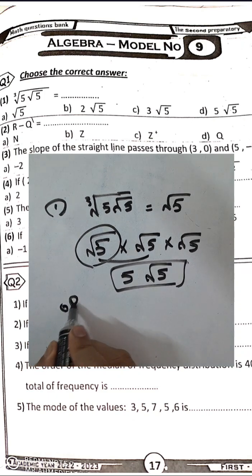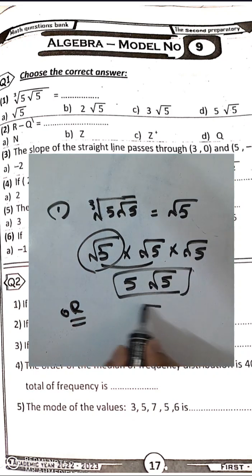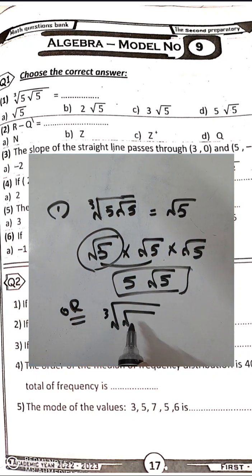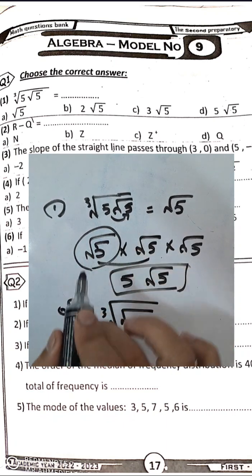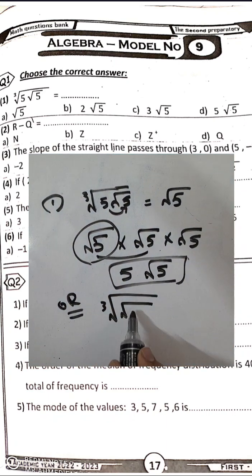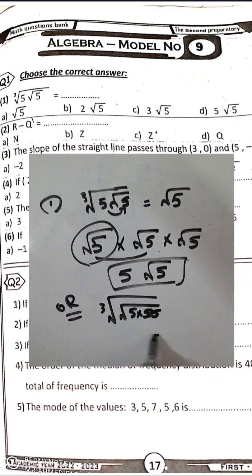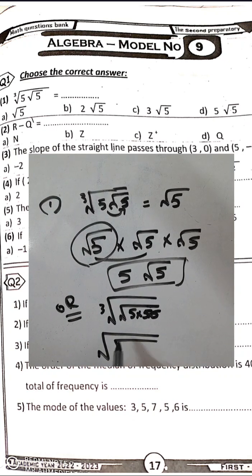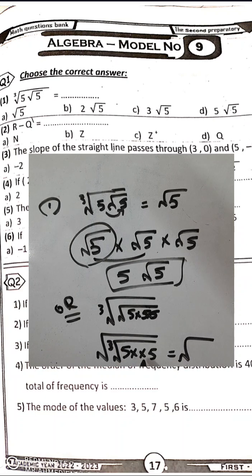Or you can solve this by putting the 5 down here inside the root by multiplication by itself: 5 times 5 times 5, and then you can replace the square root by the cubic root right here. Replace them. 5 times 5 times 5, the result will be the square root of the cubic root of 5 times 5 times 5. It will be the square root of 5.